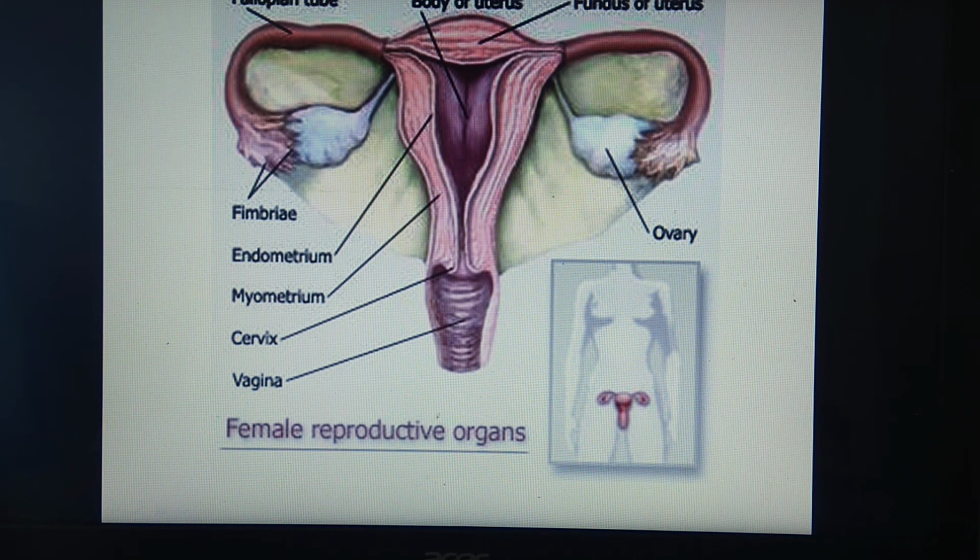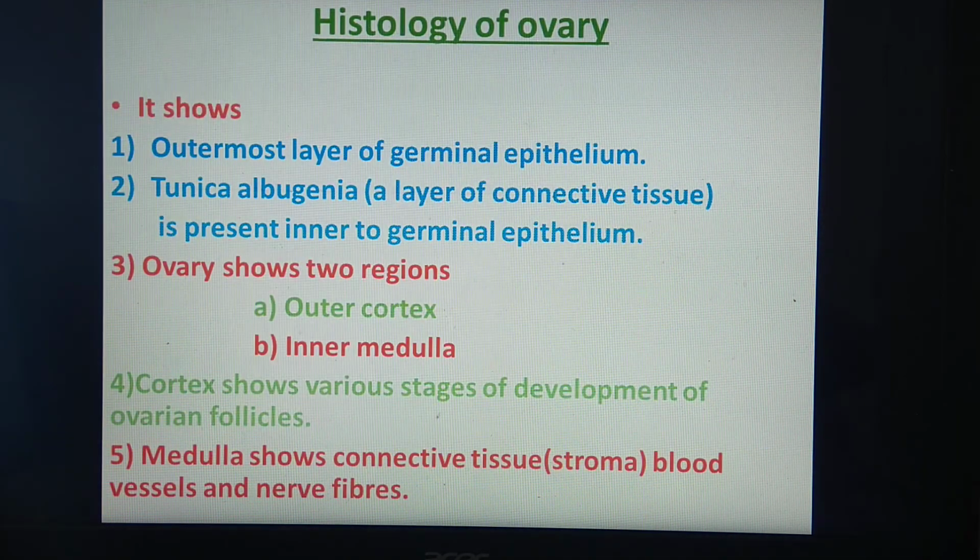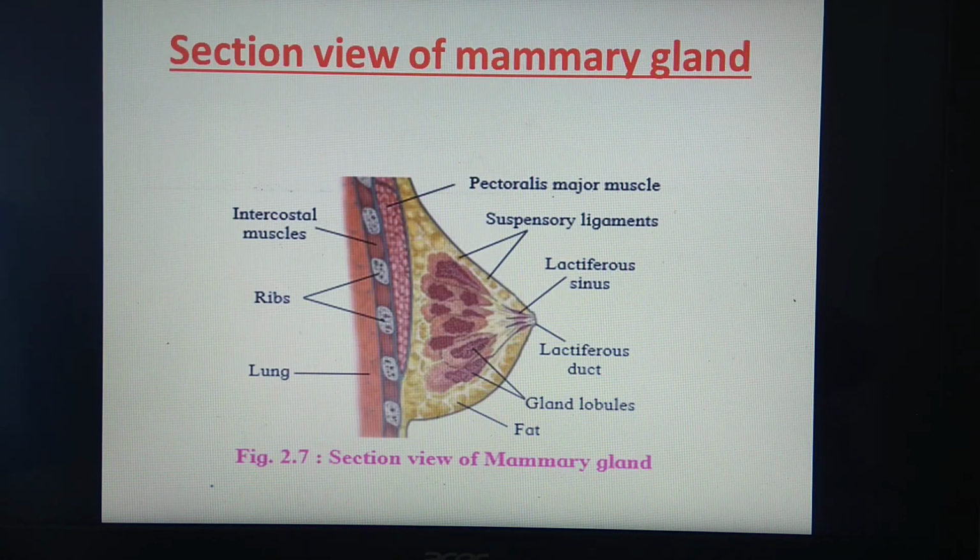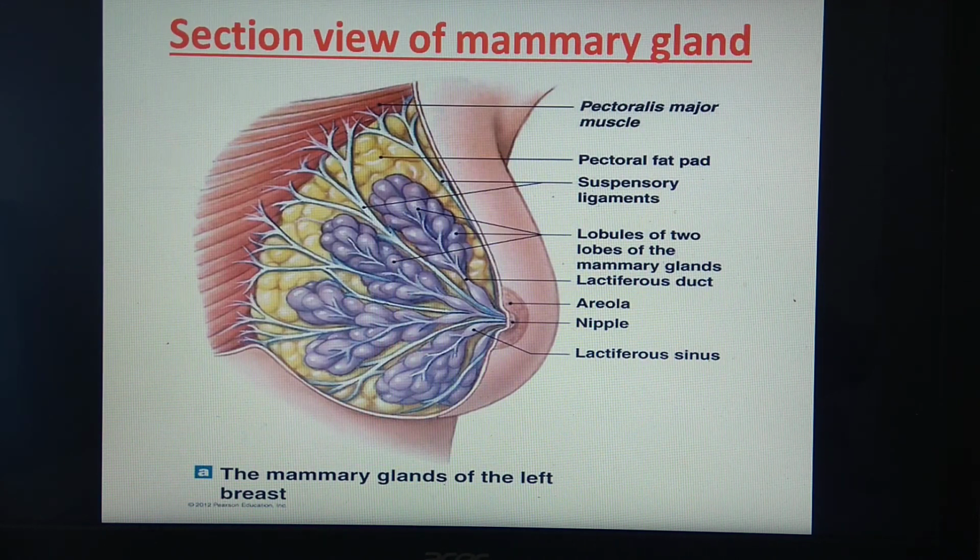Then we are going to see about mammary glands. Mammary glands, as I said, are situated in the pectoral region. We will see the diagram for the detailed structure of the mammary gland. See, this is the structure of the mammary gland.